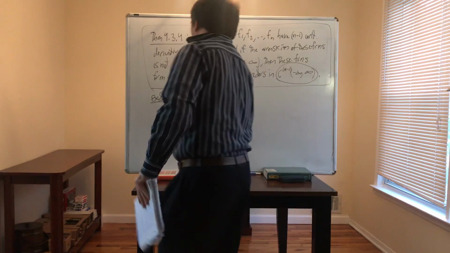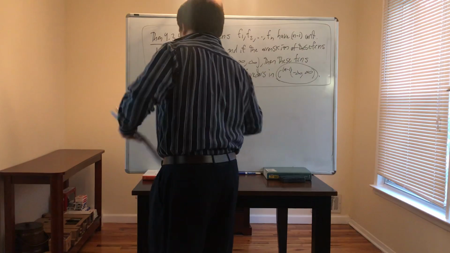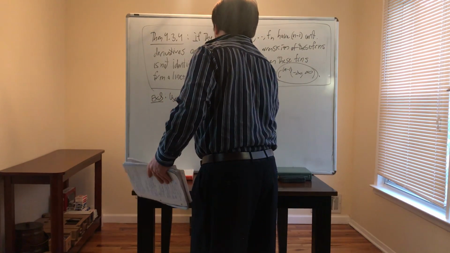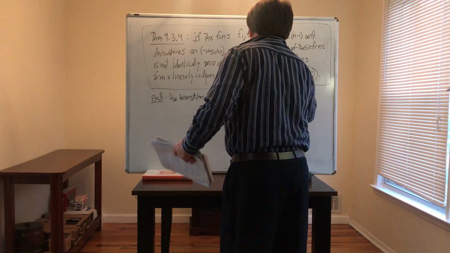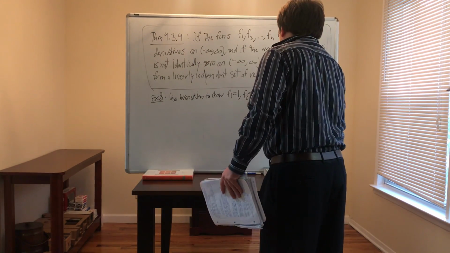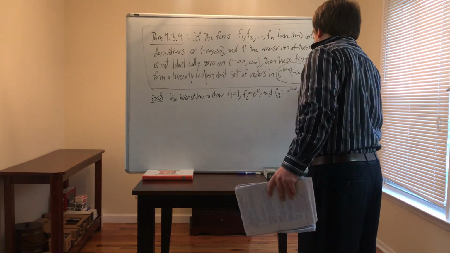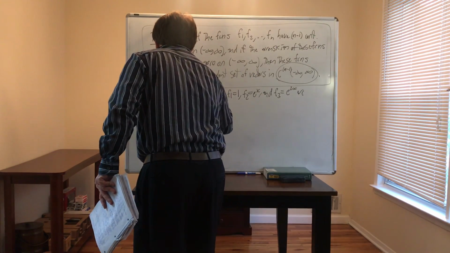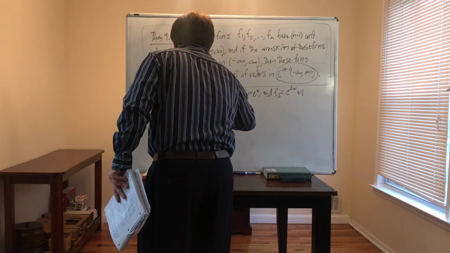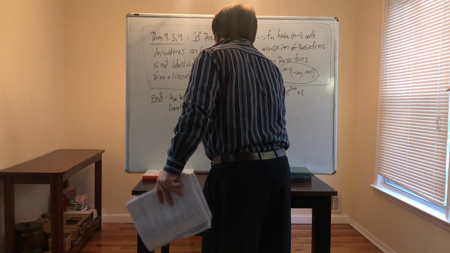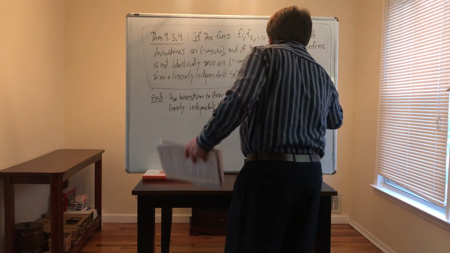In example 8, you want to use the Wronskian to show f sub 1 is equal to 1, f sub 2 is equal to e to the x, and f sub 3 is equal to e to the 2x are linearly independent vectors in C infinity of negative infinity, comma infinity.